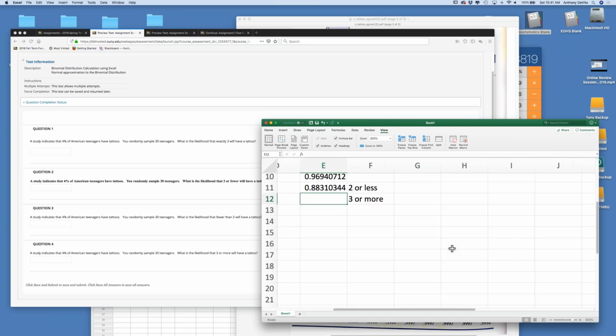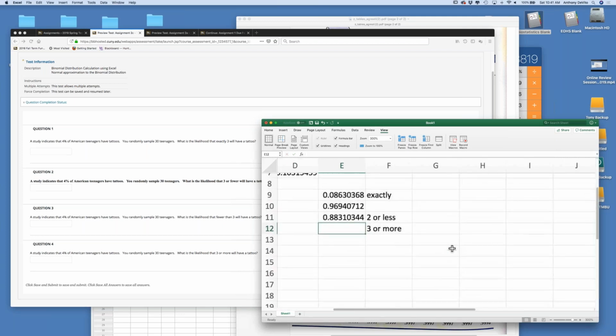So in other words, it's got to be equal to 1 minus the probability for 2 or less, which is almost 12%, or 0.1168. Okay? So that's how we would use the binomial distribution.